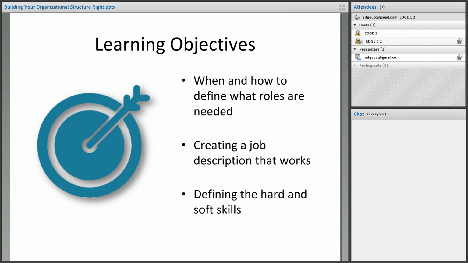And not identifying the true skill sets needed. Oh, well, I thought that they had that experience. Well, did you do a reference check? Did you define what experience you needed? Very often I see people hire on gut and that it's a nice person, as opposed to hiring on making sure that the individual has the skills and the knowledge and the experience that they need, right?